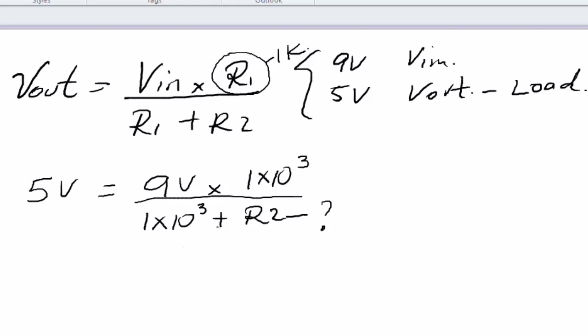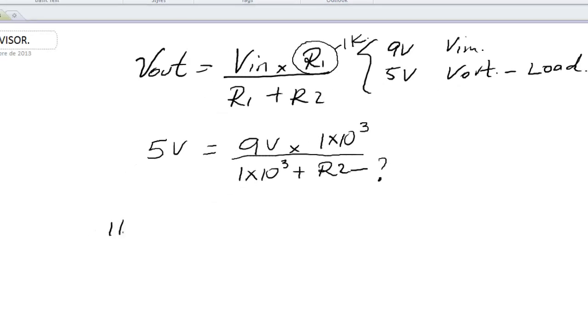So let's just solve this equation very easily. I'm going to say 1K plus R2, all multiplied by 5 volts, equal 9 volts times 1K.